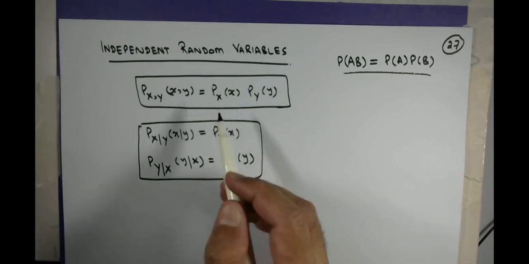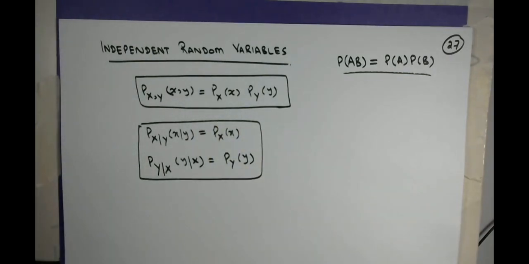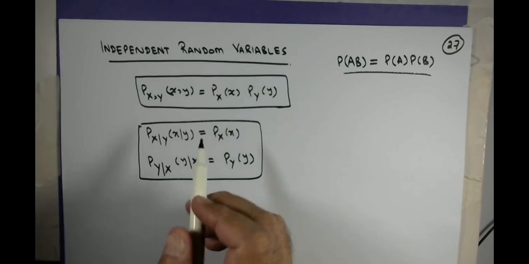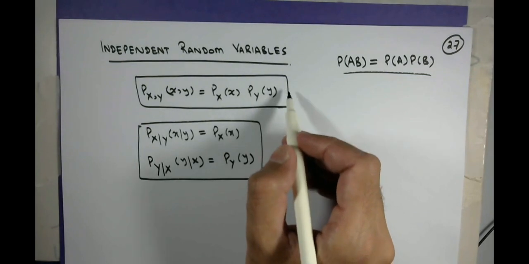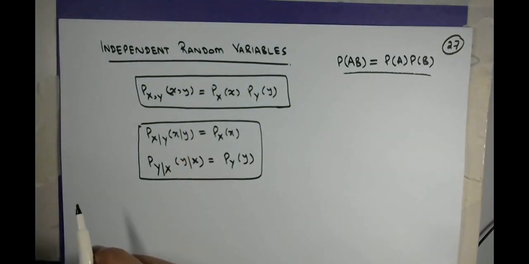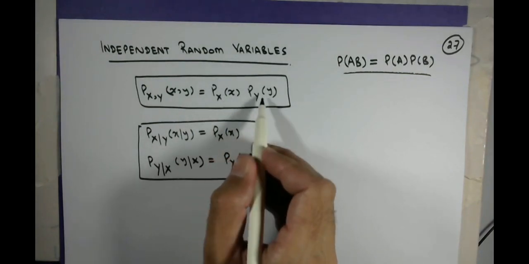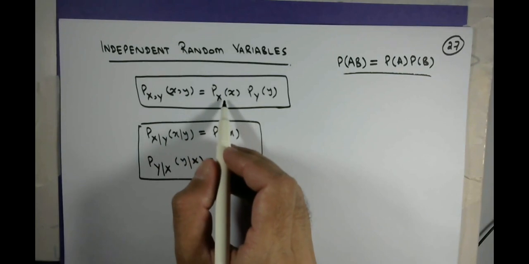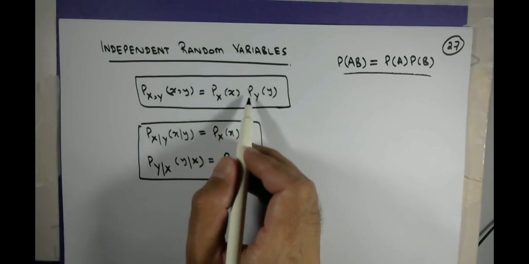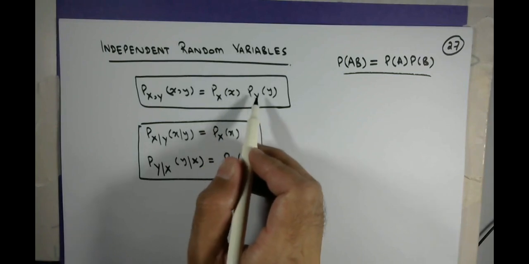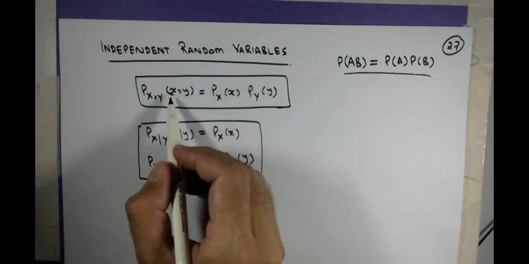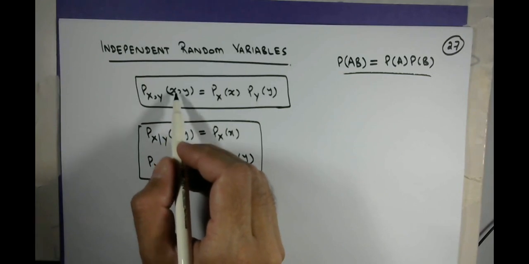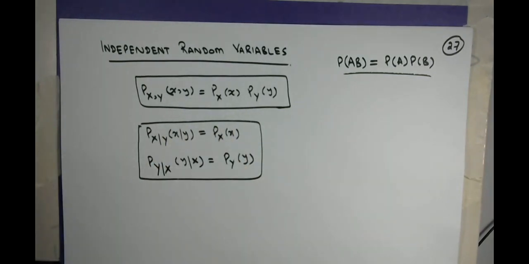To establish the independence for small sample spaces, this formula can be very useful. Remember, this is functional equality, which means for each possible value of x and y, the product of their individual probabilities of these values should be equal to the probability of the joint occurrence of these two values.